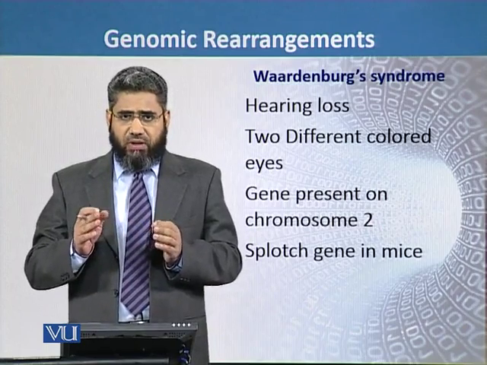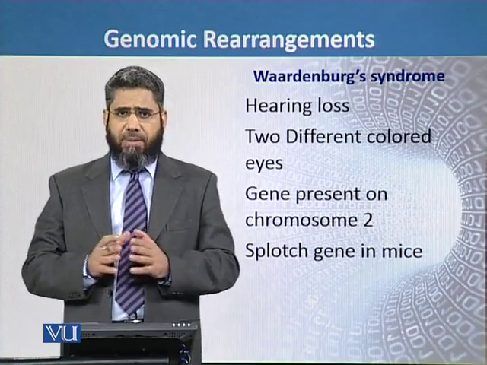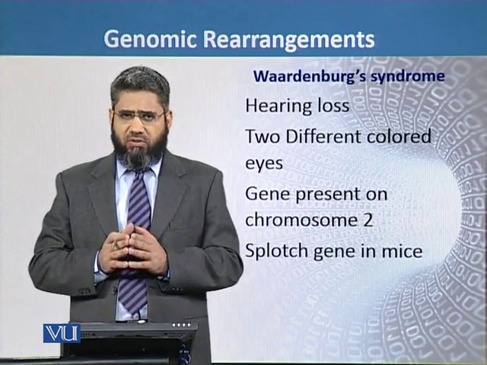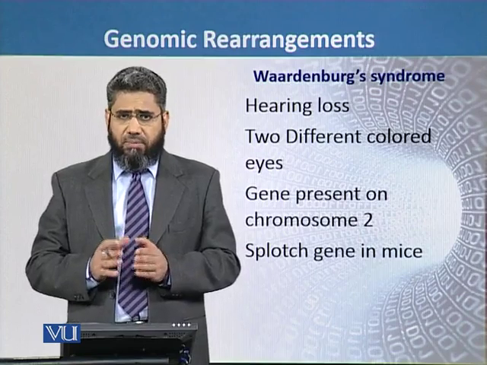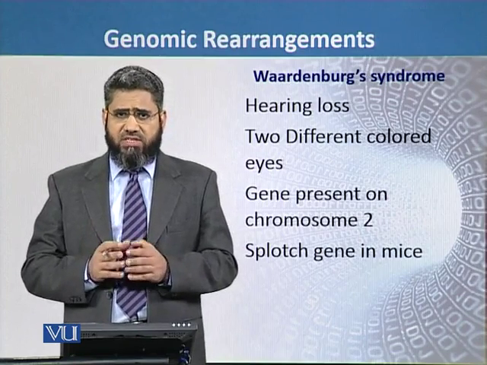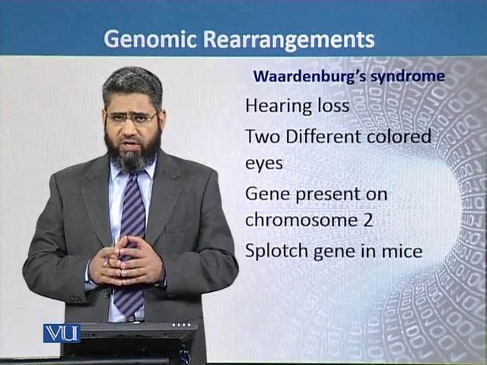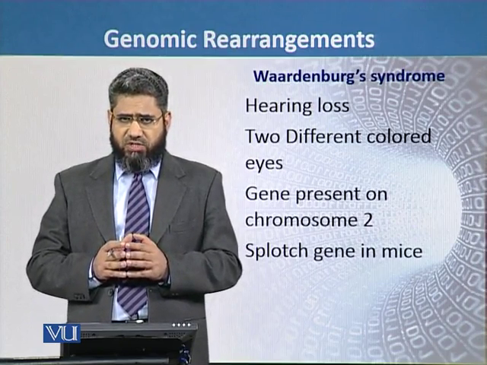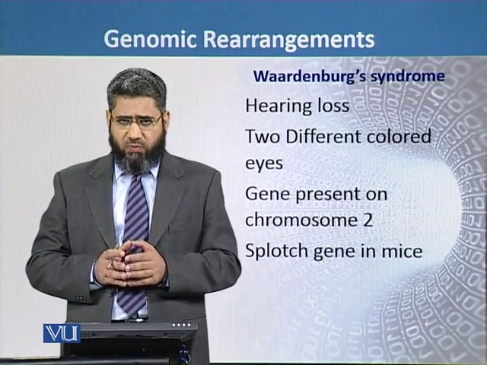Genetic mapping was then conducted to find out the location of this gene in the mice. When the genetic mapping was concluded, it was confirmed that the location of this gene was on chromosome number 2.